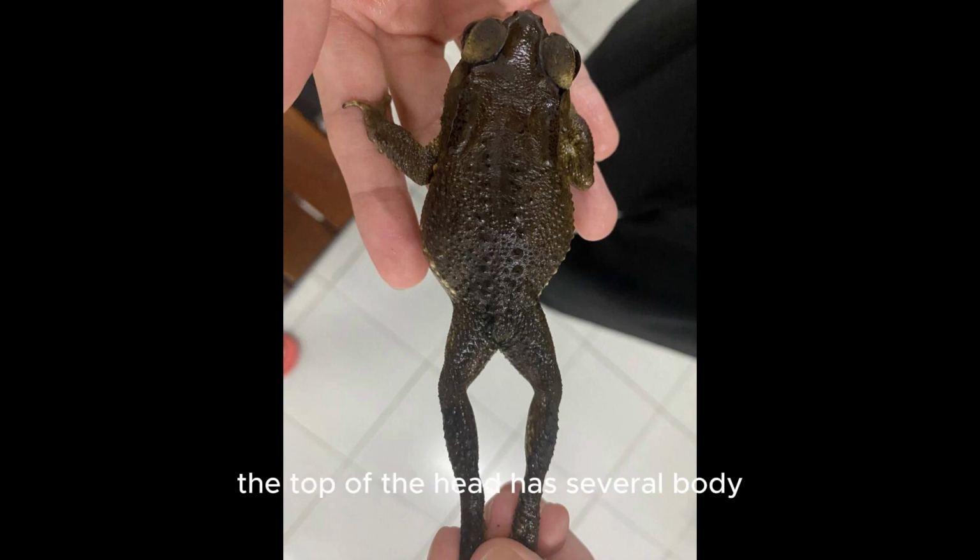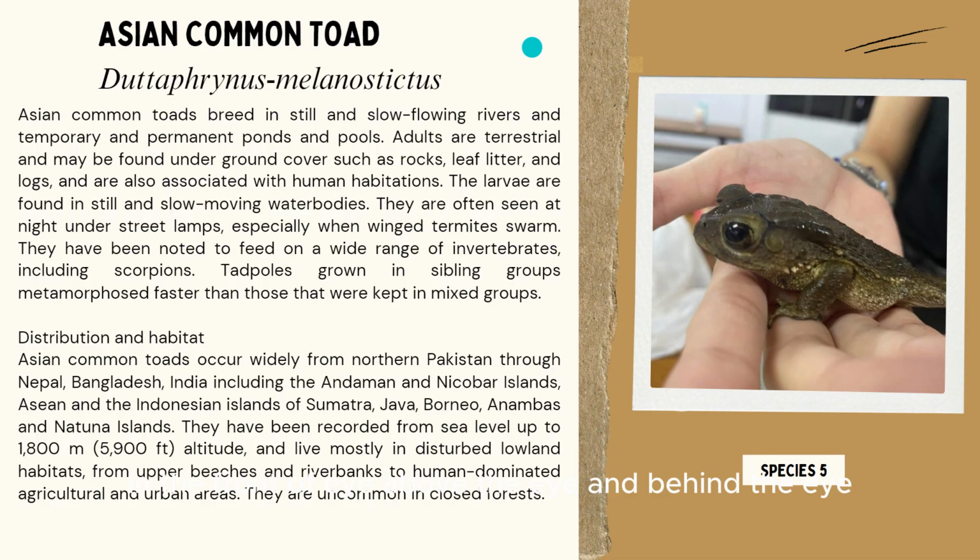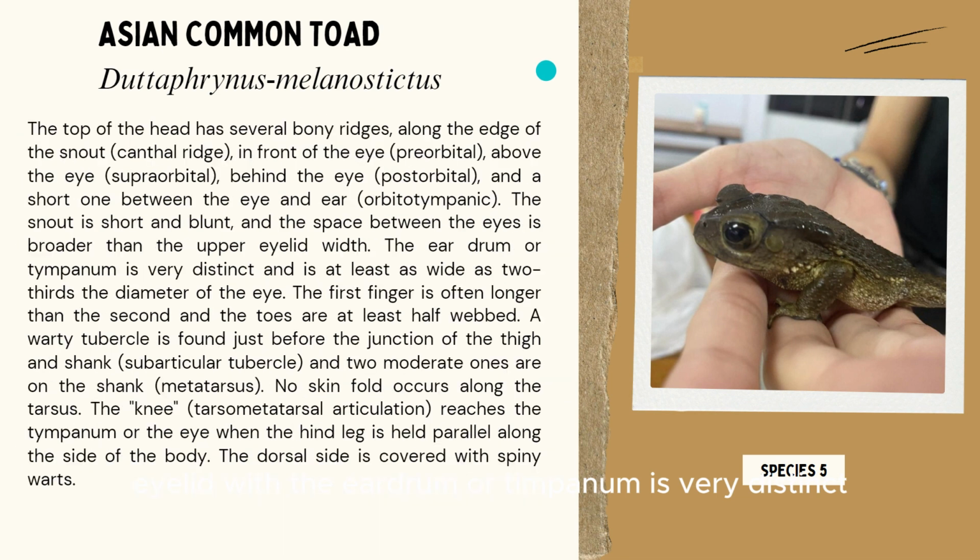The snout is short and blunt, and the space between the eyes is broader than the upper eyelid width. The eardrum or tympanum is very distinct, and it's at least as wide as 2/3 the diameter of the eye. The first finger is often longer than the second, and the toes are at least halfway webbed, but no skin fold occurs along the tarsus.